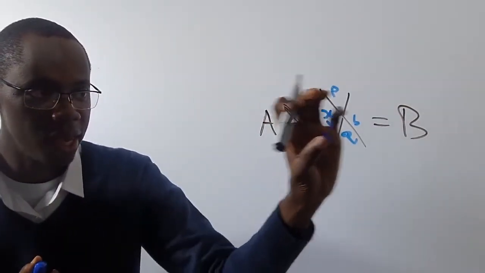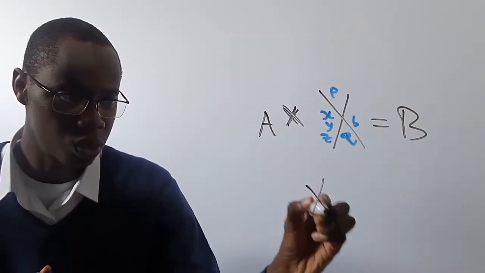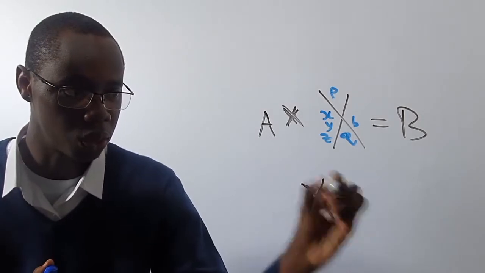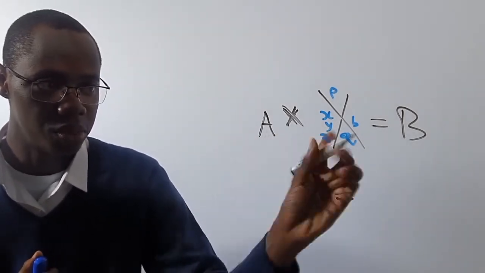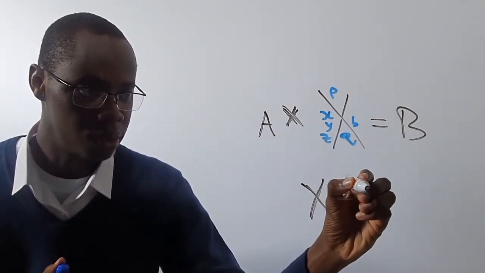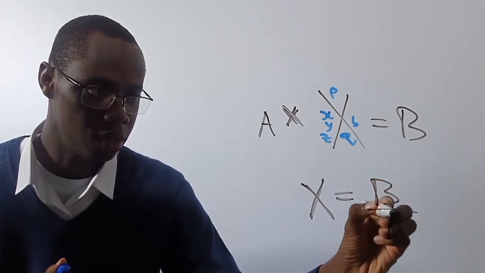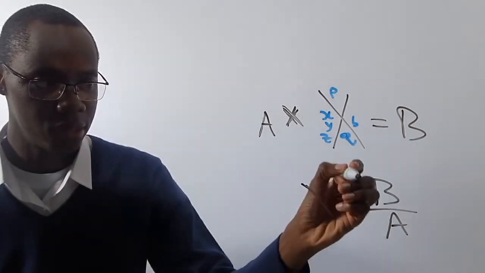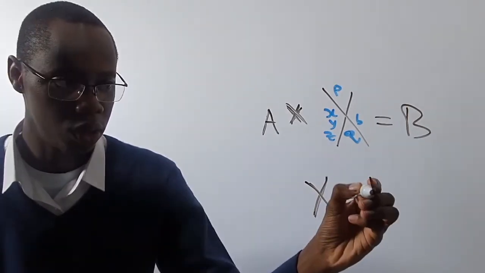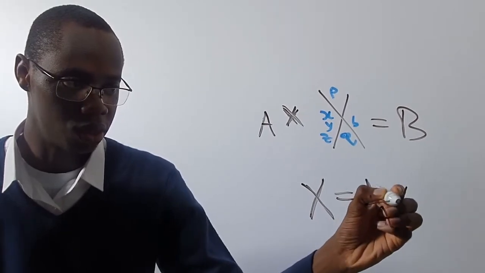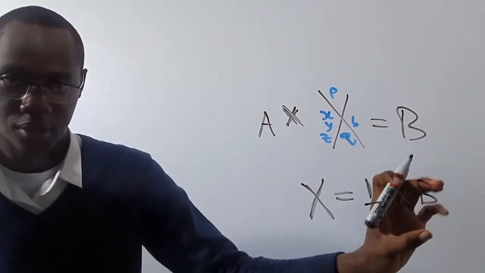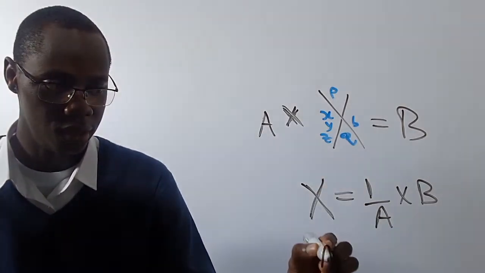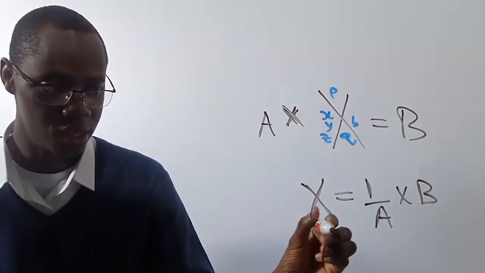So now let's make X the subject of the formula. Because the unknown variables are here, X will be equal to what? Divide both sides by A, so that will be B over A. And of course, I can rewrite B over A as 1 over A multiplied by B. And this 1 over A is the same thing as A raised to power minus 1, the inverse.